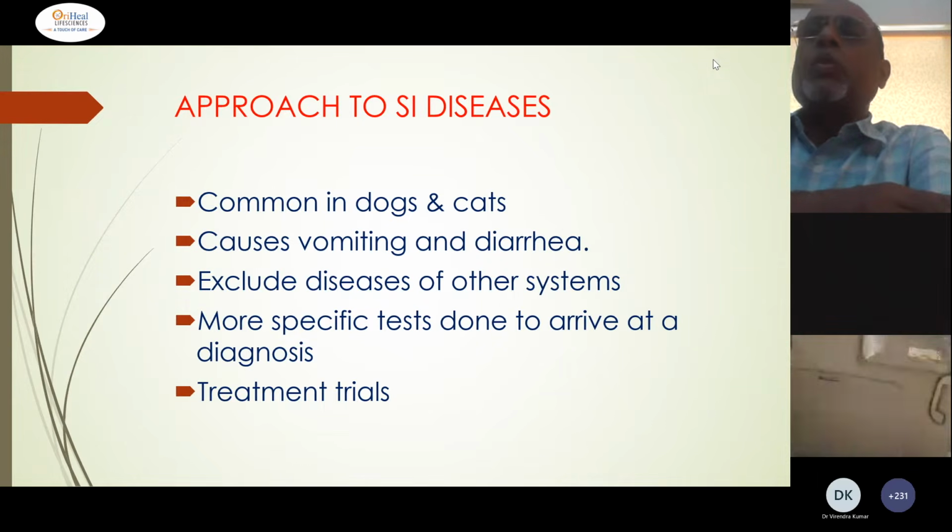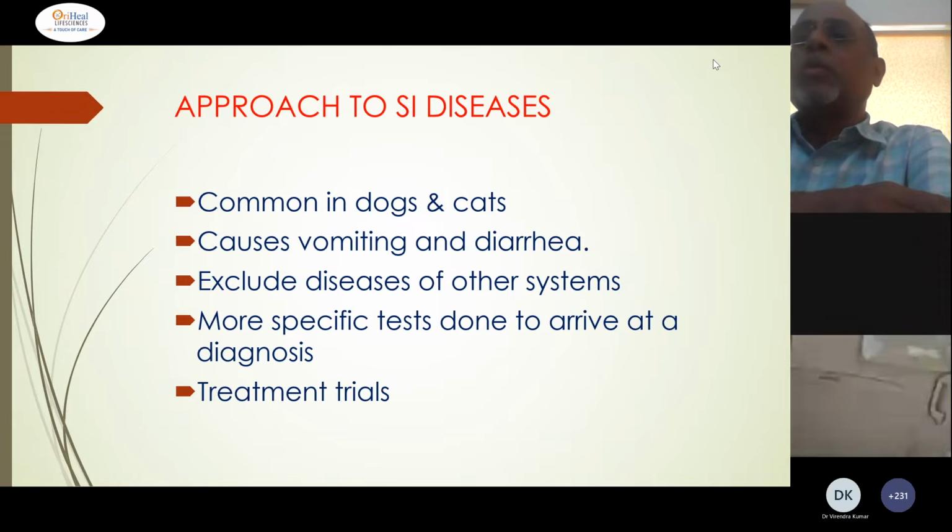Whenever we think about small intestinal diseases, before going into diagnosis, we must exclude diseases of other systems which can also cause small intestinal clinical signs. So we should always keep in mind a differential diagnosis other than small intestinal diseases when we approach them.